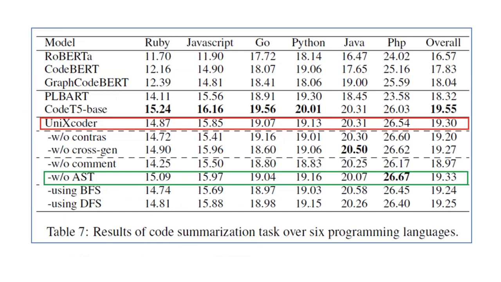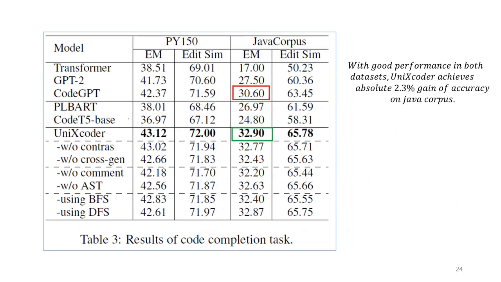This is some results about the code summarization for every programming language considered in this setting. Here, as we have seen on the previous slide, T5 is just outperforming UniXcoder. The reason is what I have discussed on the previous slide.